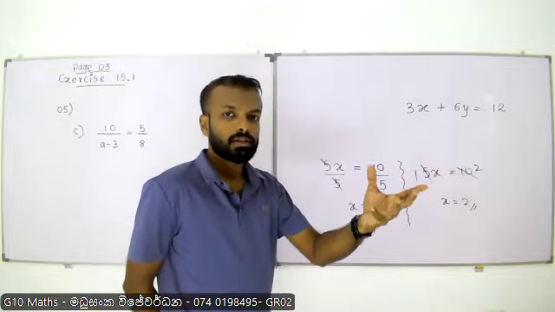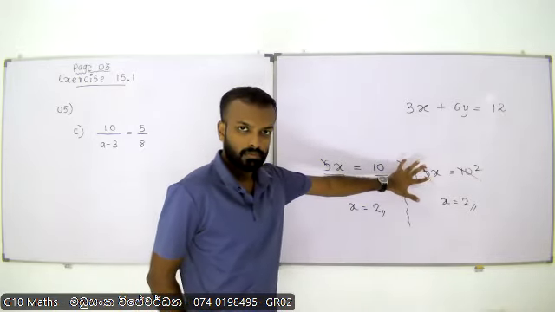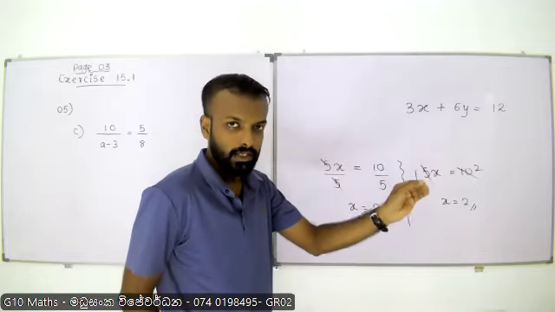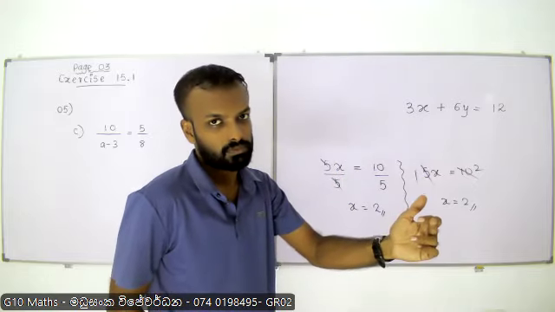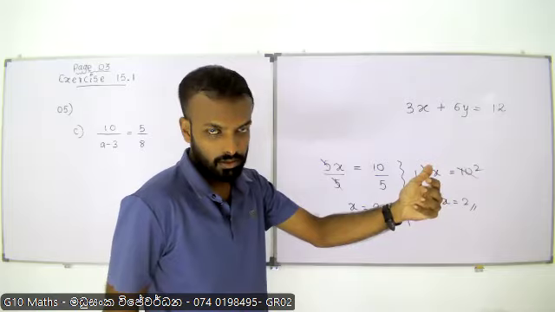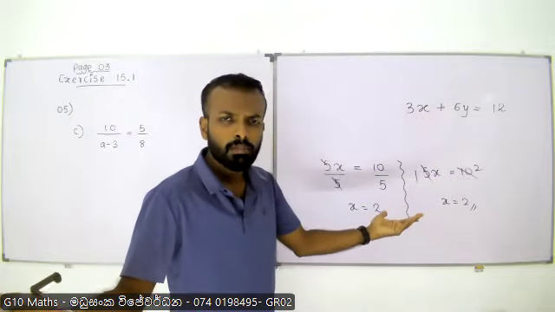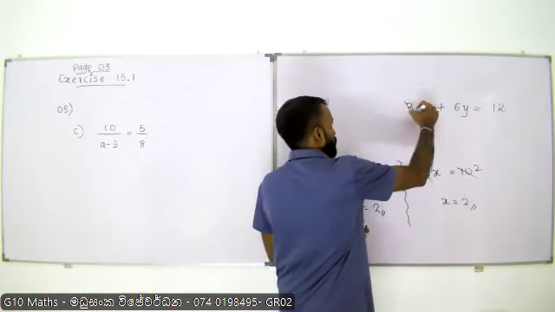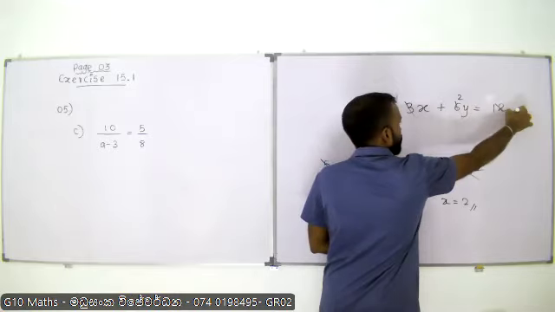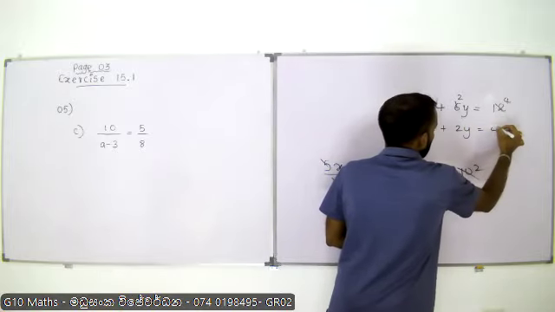You are actually dividing by using your mind, by thinking, by imagining. 3, 6, 12. You have to divide it by 3. Very simple. 3 times 1, 3 times 2, 3 times 4. x plus 2y equals 4.